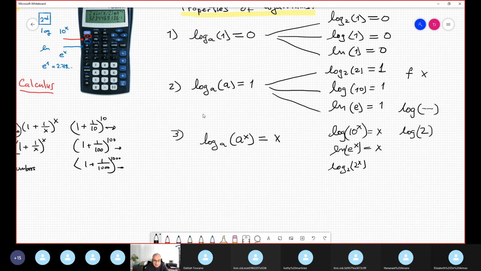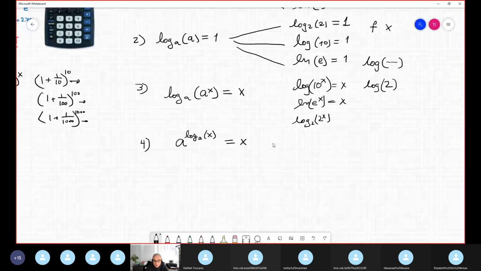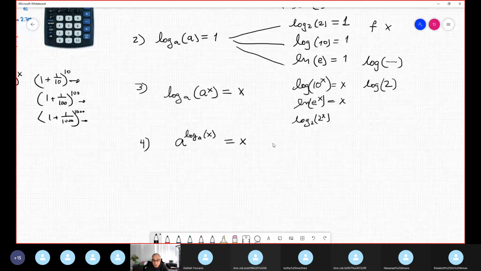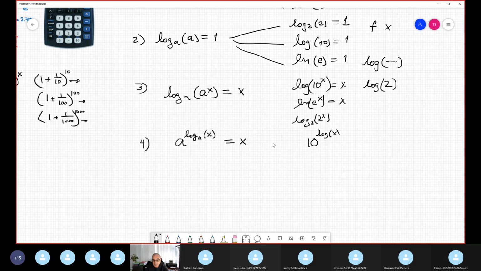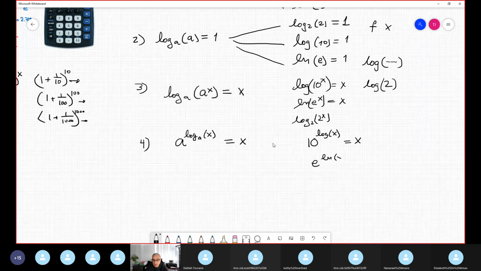Okay, property number 4 is similar, but we are doing it in the opposite direction. You put the exponential first to the logarithm base a of x, and the answer again is the identity because they undo each other. Okay, an example of this: 10, the base is 10, raised to the log of x is equal to x. e to the ln of x is equal to x.